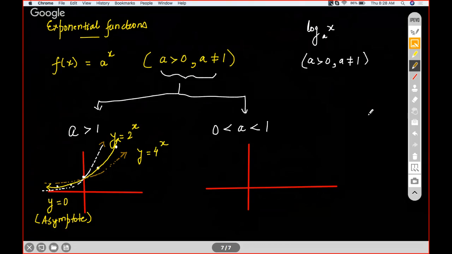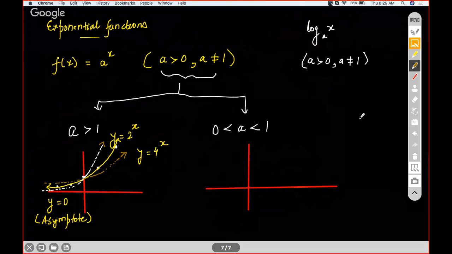So this would be the same thing as y equals 2 to the power 2x. At x equals 0, all of them cut the y-axis at 1.